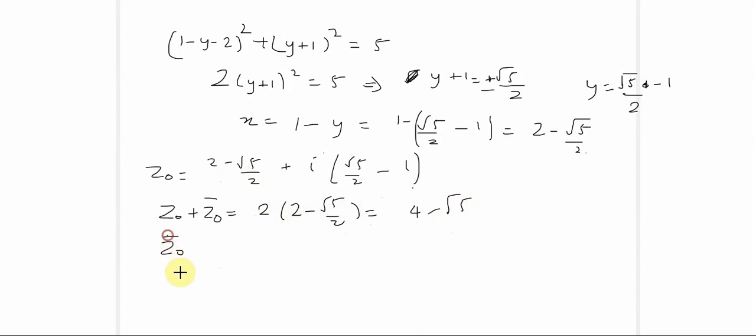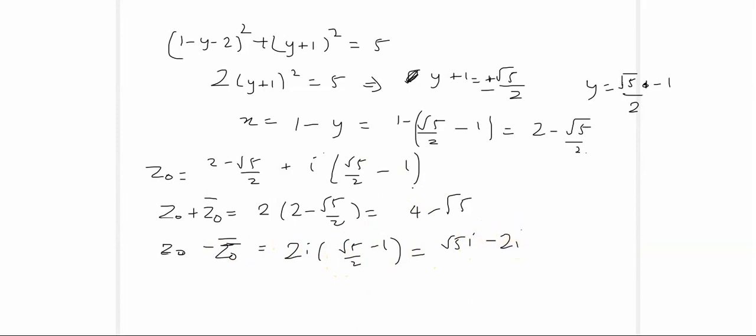And z0 minus z0 bar is 2i times root 5 by 2 minus 1, which is root 5 i minus 2i.